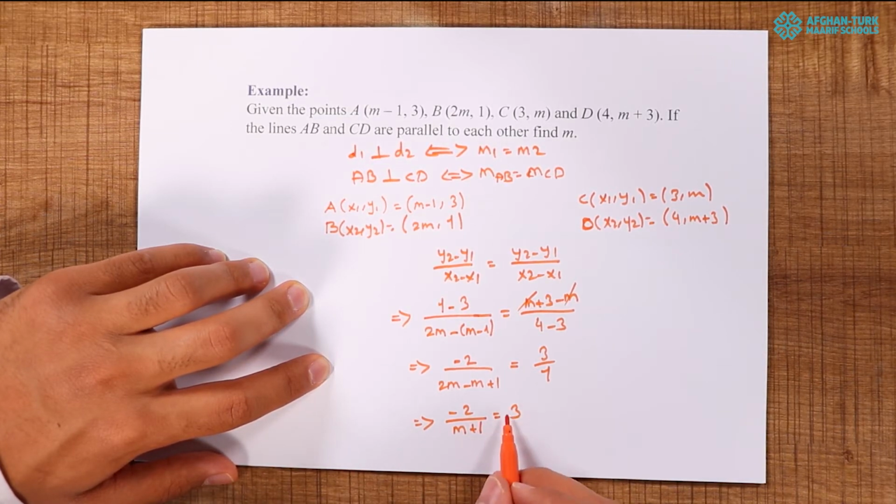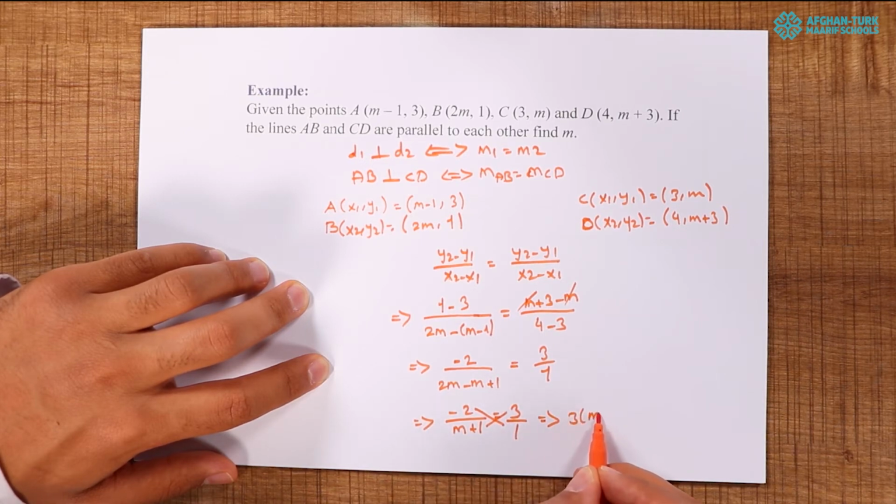So we are going to multiply numerator of the first fraction with the denominator of the second, and also numerator of the second fraction with the denominator of first fraction. So we get 3 times m plus 1 is equal to 1 times minus 2 is equal to minus 2.